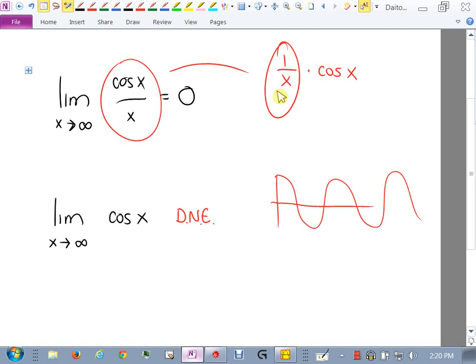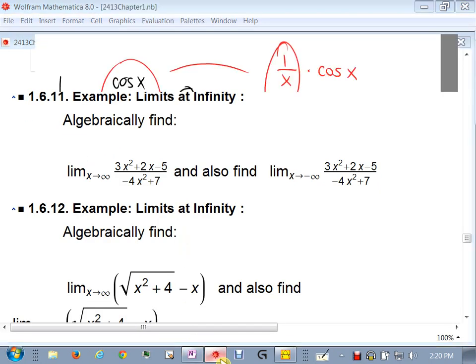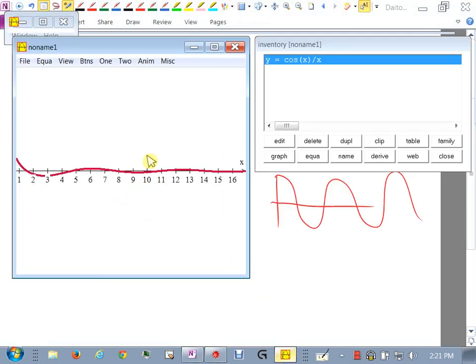Now, why would a function like that be important or useful? Think of a cosine function as a bouncing ball, right? You let a ball go, it bounces, comes back up, bounces, comes back up, back and forth. Cosine function models that pretty well, but we actually know if we drop a ball, it doesn't come up to the same height, right? The next time it's a little lower, and then a little lower, until it's pretty much stopped. The function I just graphed is a much better representation of a bouncing ball.